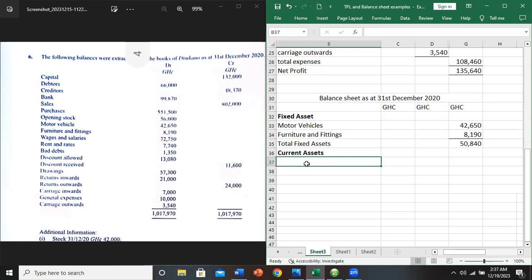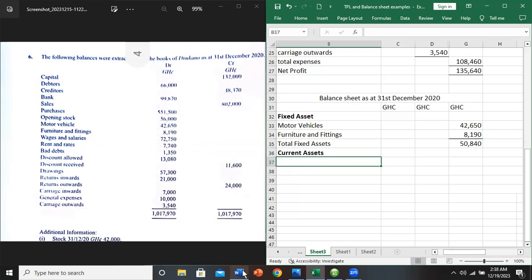Mami, apart from debtors, what else do you see as current asset? Bank. Bank, okay. Jacinda, add yours. Can I add closing stock? Yes, the closing stock, of course.